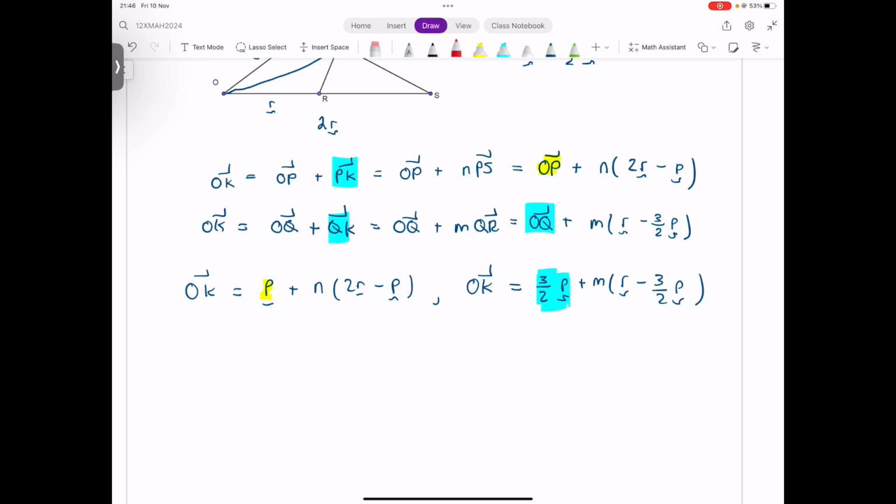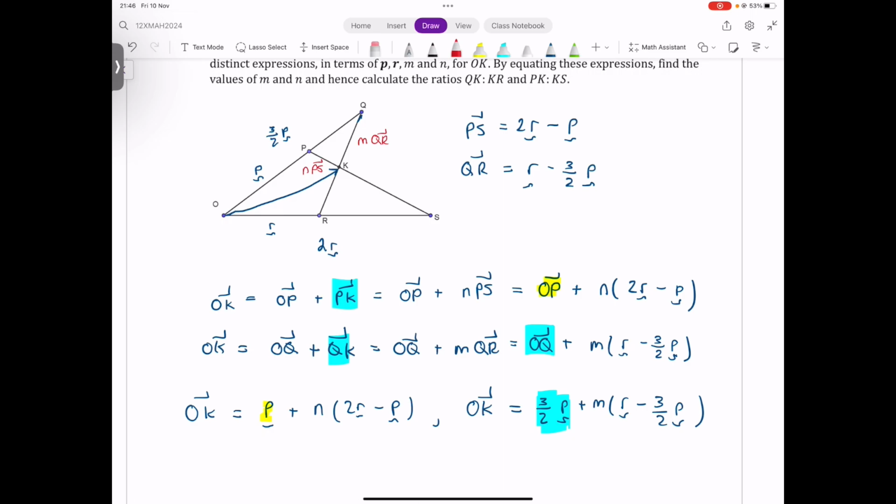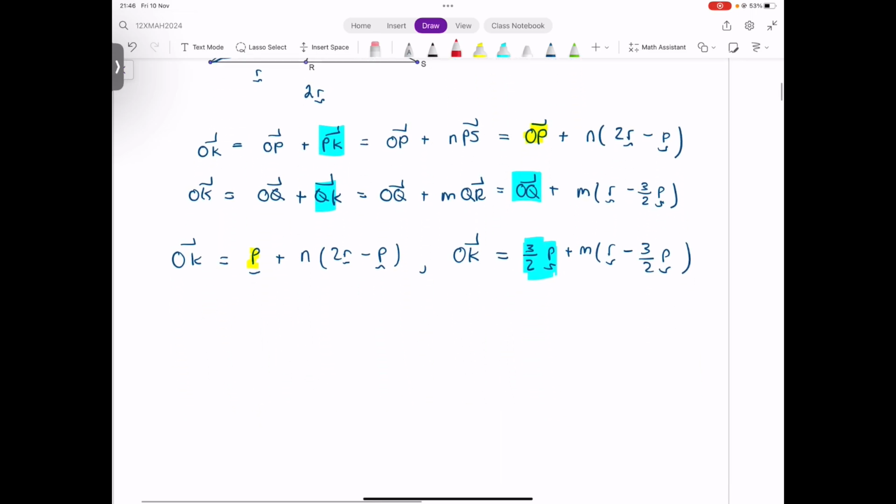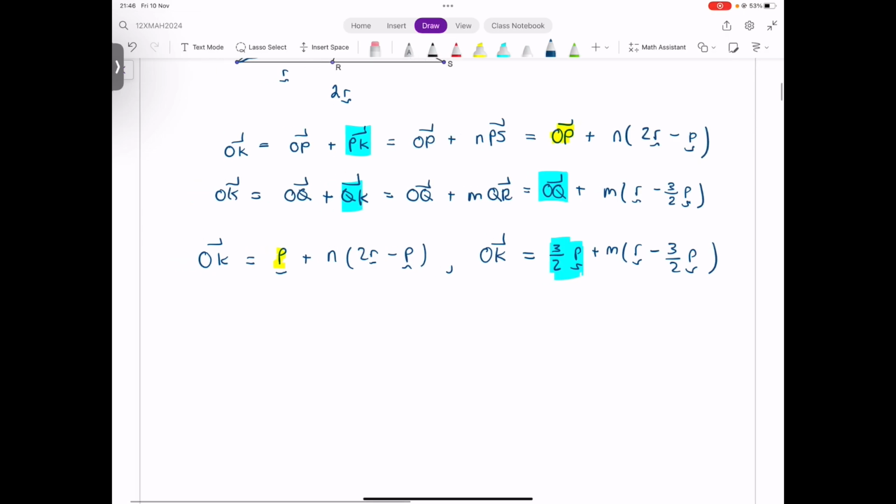Now, we're told in the question to equate these expressions. What we might do first of all before we equate them is expand and factorize, and get some expressions where we've just got P outside of brackets and then our N's by themselves. So let's expand this: 2NR minus NP. Now I'm going to take out a factor of P, and I'm going to have P(1 minus N) plus 2NR. That's one expression.